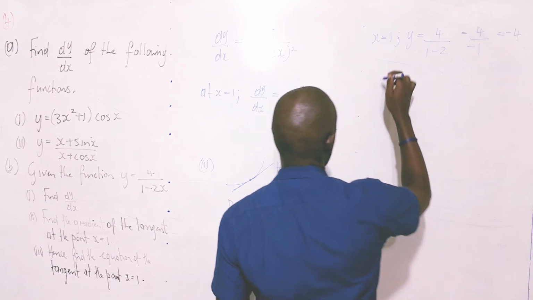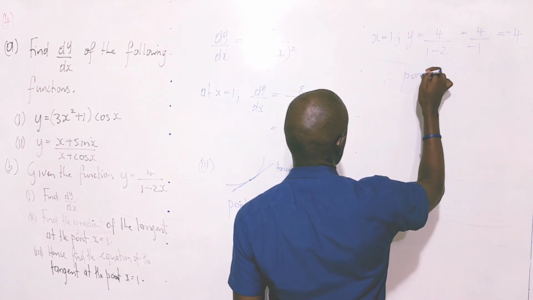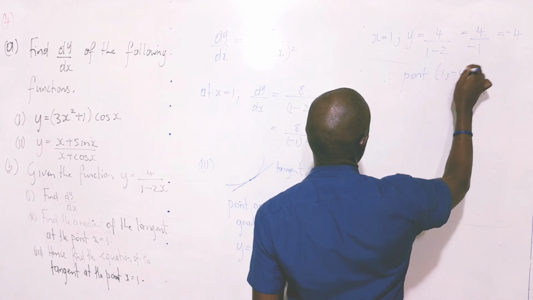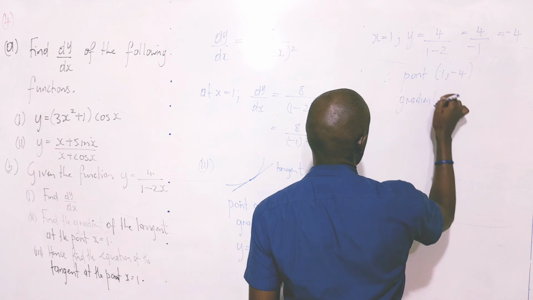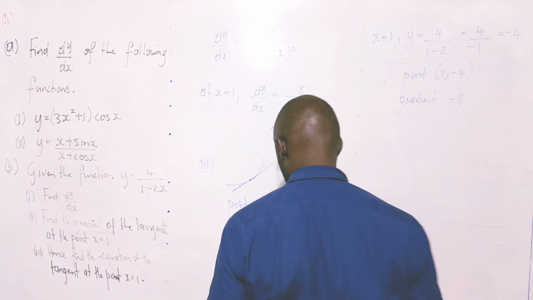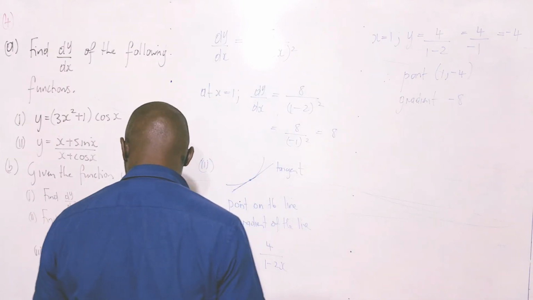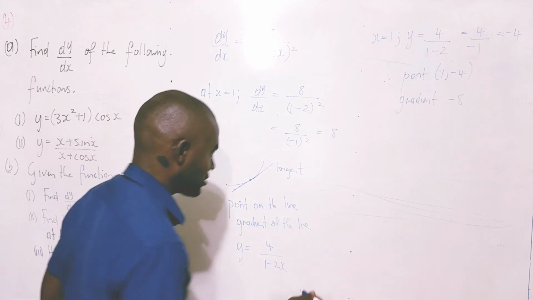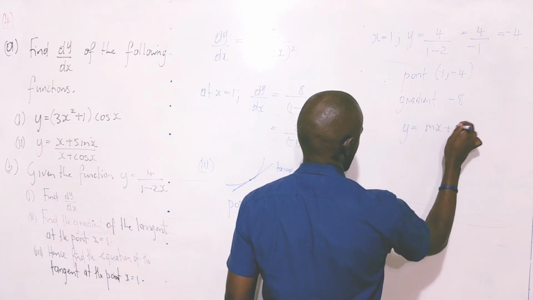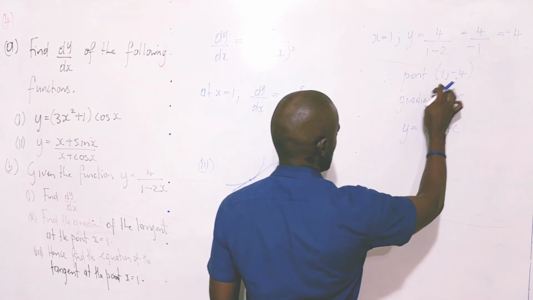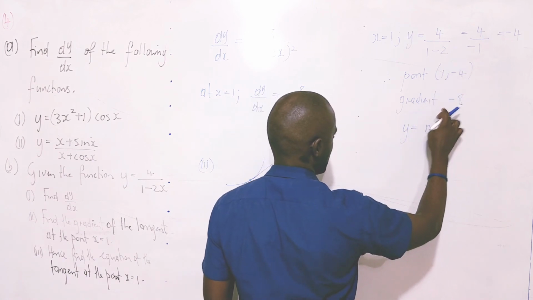So therefore, we now have our point (1, minus 4), and we have the gradient, minus 8. And we can proceed to find the equation of the line using y equals mx plus c. So x equals 1, y equals minus 4, and the gradient m equals minus 8.